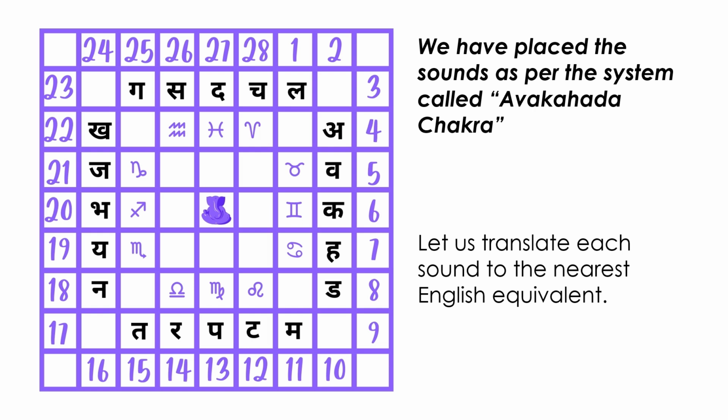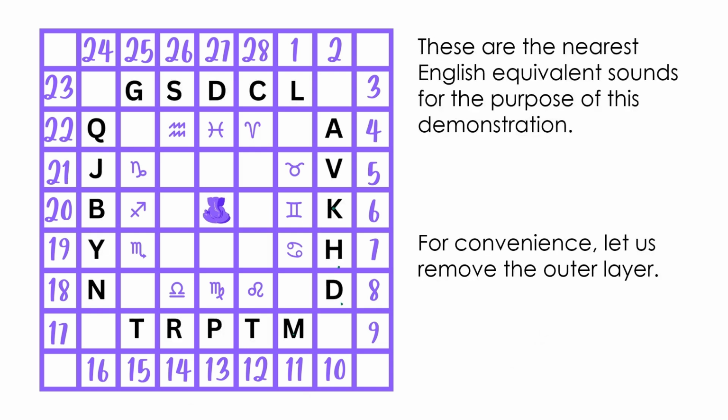This name comes from this section here, Avakahada. I'm just going to pronounce these things one time before taking you to the next screen, or let's just translate each sound to the nearest English equivalent, and I will tell you what they sound like, so you will be able to differentiate when we are using the same English letter for 2 different sounds.